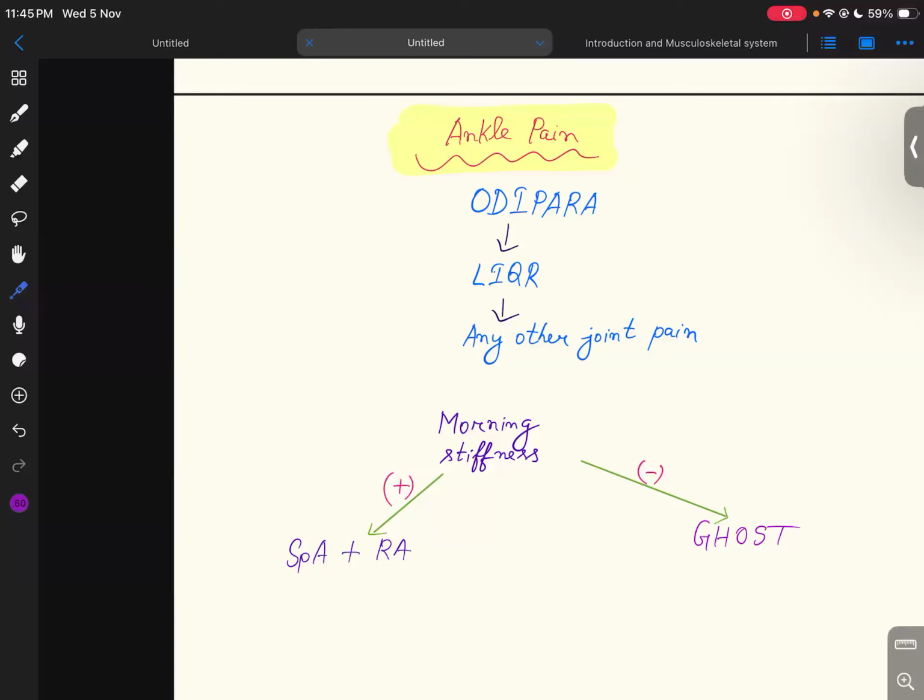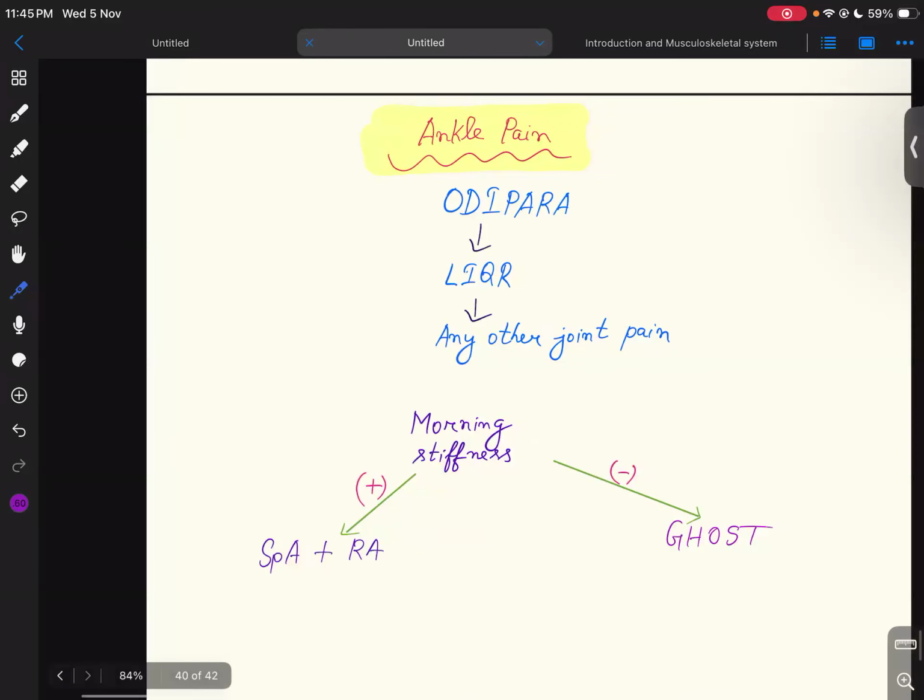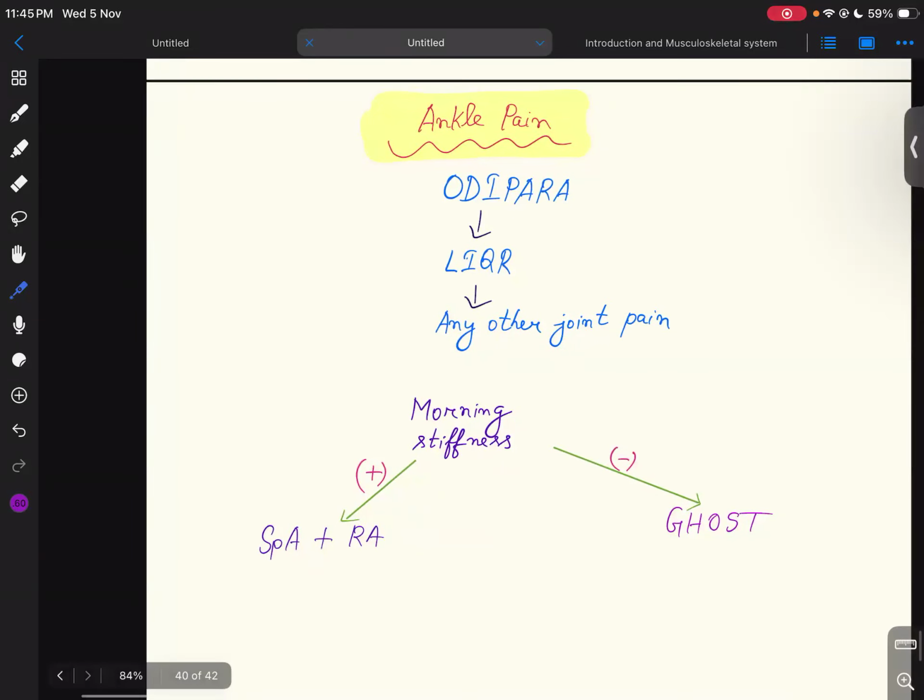Okay, I'm back once again. Now, I'm going to discuss the approach to ankle pain. These are double staircase, so this is less important. So how to approach ankle pain?